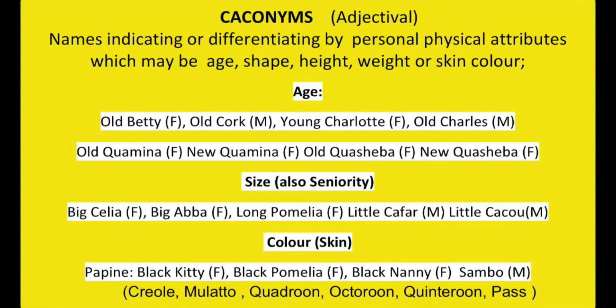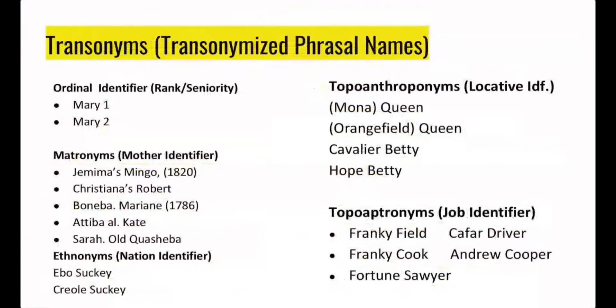So these are certainly practices we have condemned a lot over time, but they were very much markers and indicators of identity during the period of slavery, 16th, 17th, 18th, and early 19th century, that is. Then we have transonyms.